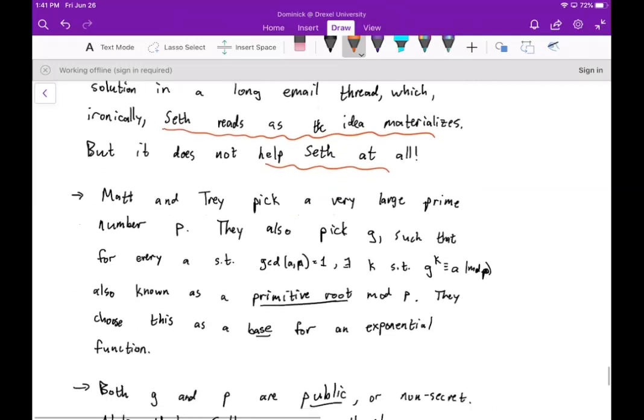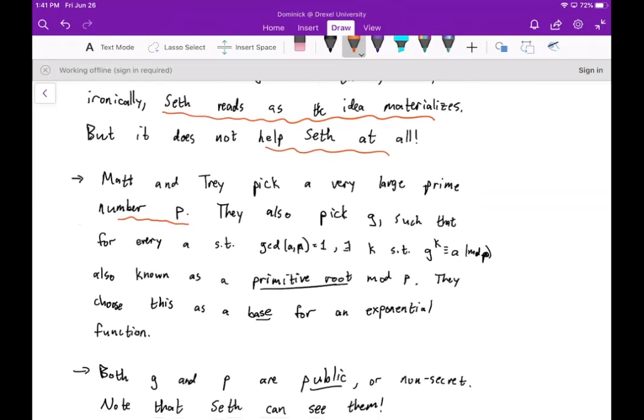So here's the process. Matt and Trey pick a very large prime number P, right? Now they also pick a G such that for every A, the GCD of A and P being 1 implies that there exists a K such that G to the K is congruent to A mod P, right?